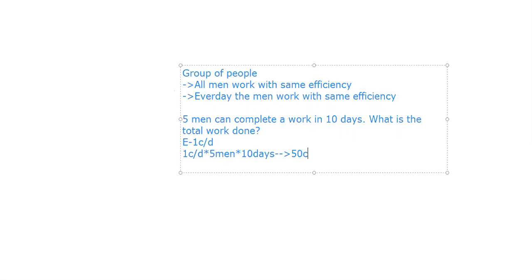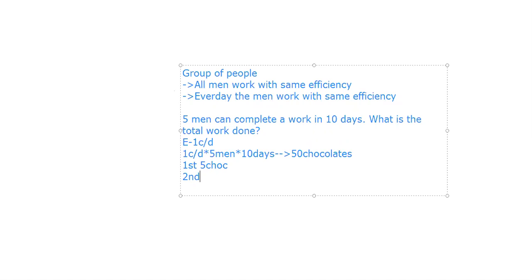So now 1 chocolate a day into 5 men for 10 days, they would have eaten how many chocolates? 50 chocolates. What is the work done? Work done is 50 chocolates, which means they have eaten 50 chocolates in total by the end of 10 days. Now this makes a little bit of sense. Yes, now this becomes much more understandable. So the first thing, all men work with same efficiency, and the second assumption is every day they work with same efficiency, which means on the first day they ate how many chocolates? Five chocolates.